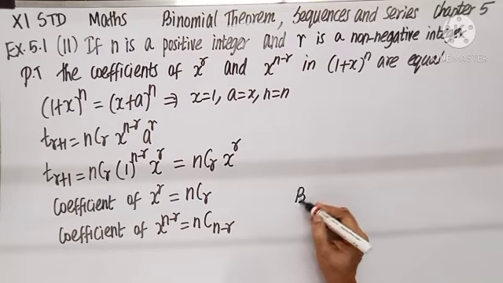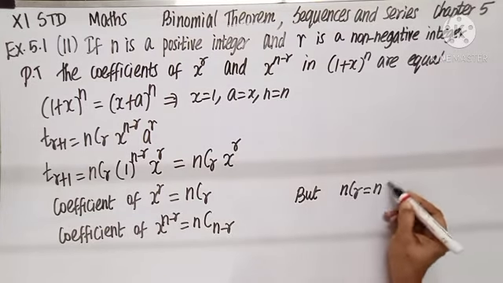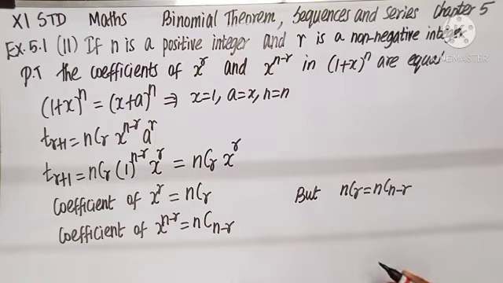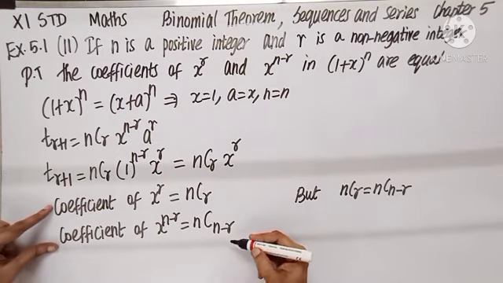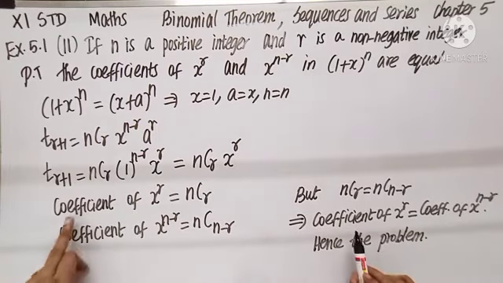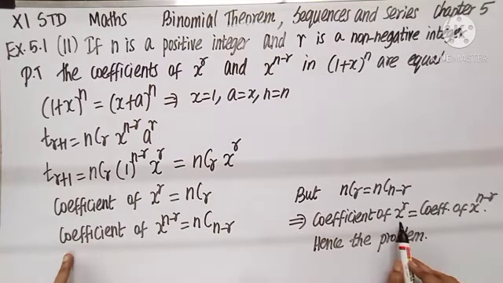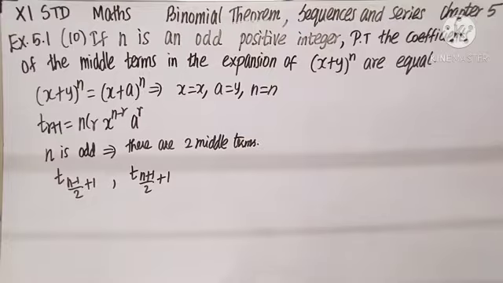But we know from the combination formula NCR and NC n minus r are equal. So when these two are equal, we will say these two coefficients are equal. Thus we say the coefficient of x power r and the coefficient of x power n minus r are equal. Hence the problem.